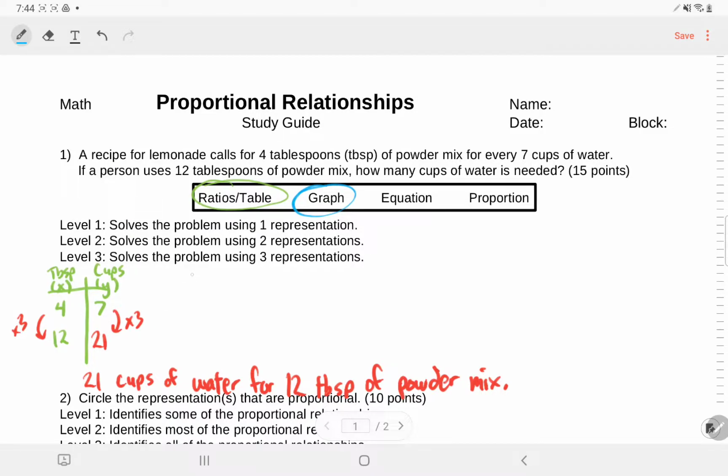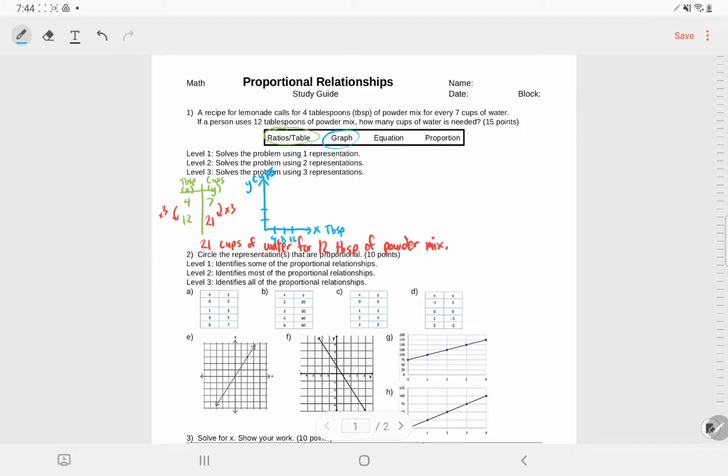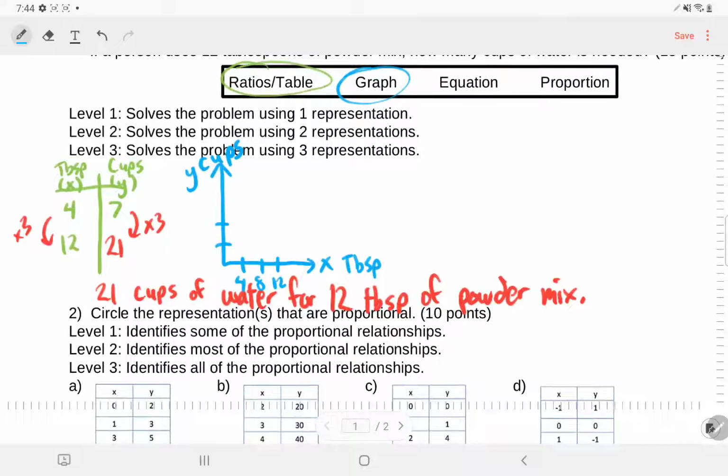And in our graph, we have X, our tablespoons, and Y, which represents our cups. So I'm going 4, 8, 12 on the X, and then for the Y, I'm going to go 7, 14, 21.